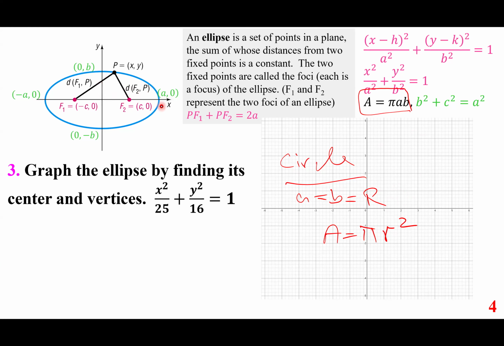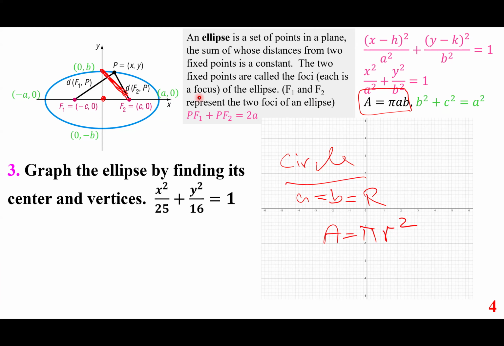And they follow the Pythagorean theorem, where b squared plus c squared equals this, and this is equal to a.